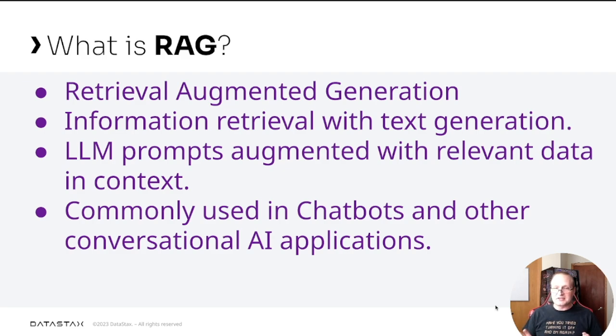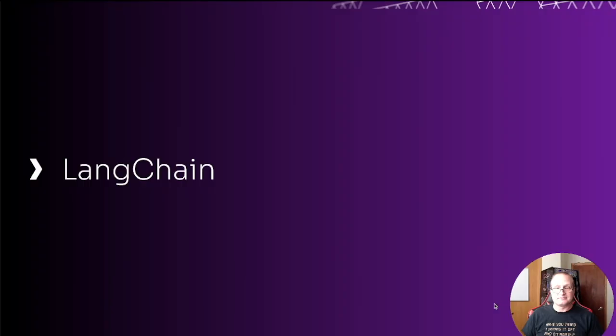You see this used a lot in chatbots and other conversational-based AI applications. But essentially, RAG is a way to build on your interactions with your LLM and improve and increase its chances of getting a good and valid response.